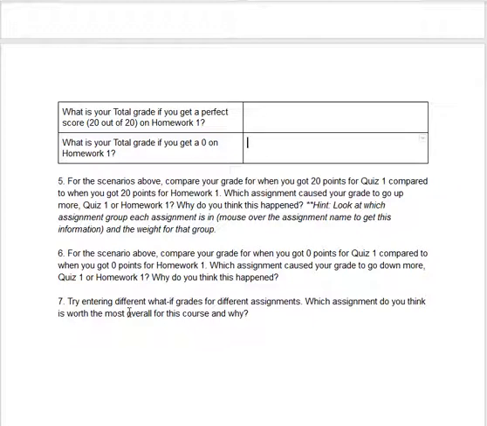So if you don't have any clear contenders here, then you might want to not use this question. But if you've got an assignment, or maybe an assignment group that you really want to hit home, this is a good place to let students play around and then really get that these assignments are really, really important, and this is why.